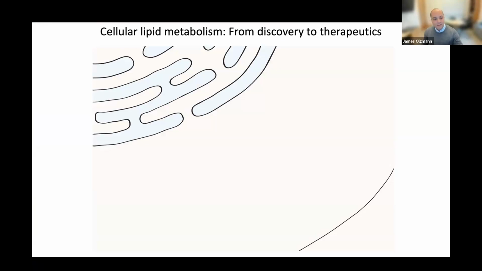So my lab is interested in cellular lipid metabolism. We're interested in very basic fundamental questions about the cell biology of lipid metabolism, as well as how this goes awry in different diseases and how we might begin to develop therapeutics to target these processes.